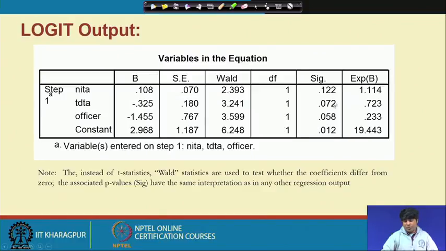The only thing is that with respect to these estimates, we have to find the e value of these estimates, which gives you the odds ratio, and the odds ratio will finally be used for prediction. So in this case it has the highest impact, followed by the second highest impact, and then the third highest impact.